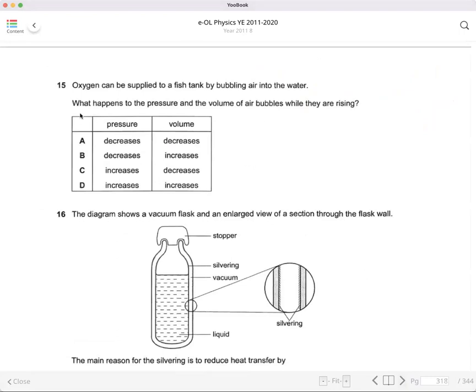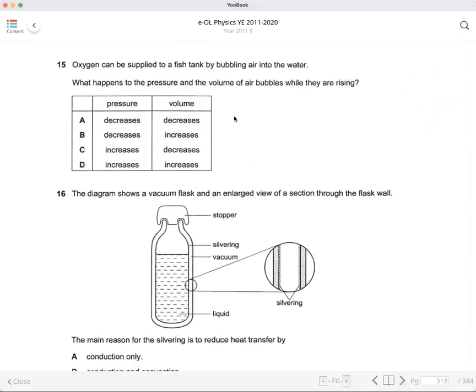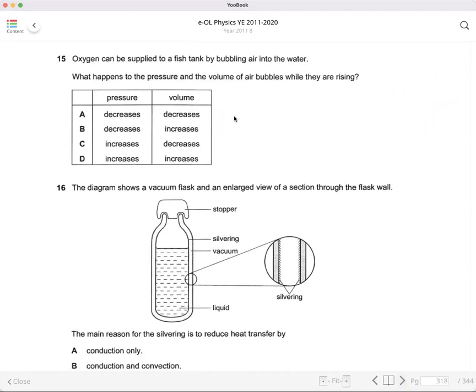Okay, question number 15. Let's begin. Okay, I got my answer. Yiting, well done.